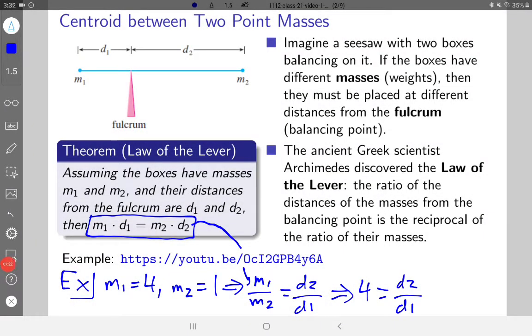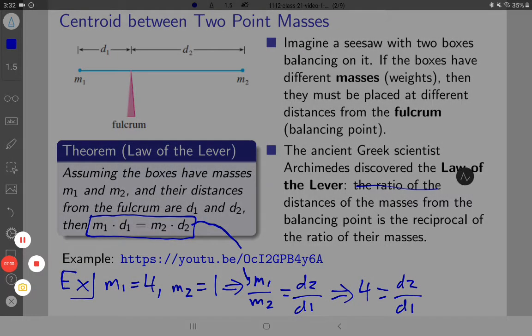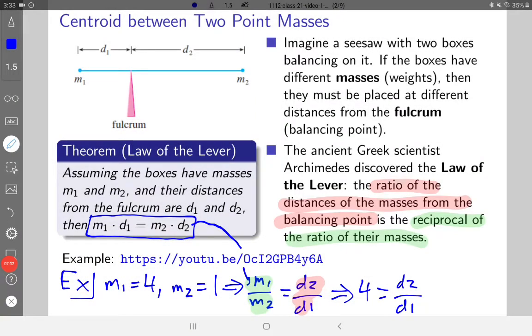And by dividing both sides by m2 and d1, I can see what I was outlining earlier about their ratios. In other words, like in my example here, if the first mass is 4 times as much as the second mass, then that means it has to be 4 times closer to the balancing point than the other one. In other words, see here how the reciprocal of the ratio of the distances is equal to the ratio of the masses, and vice versa.